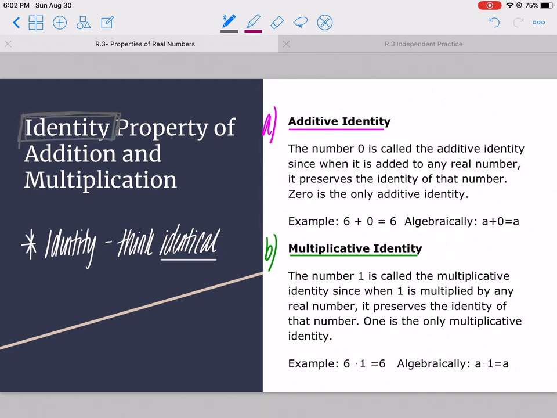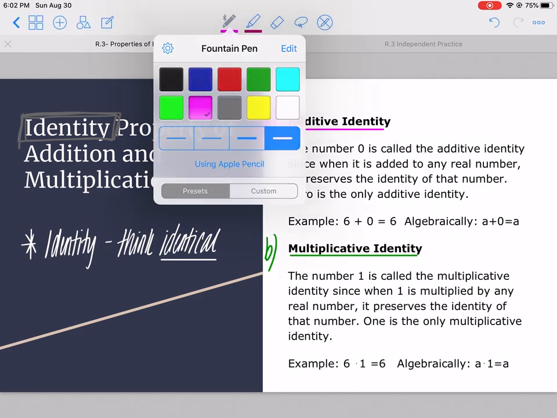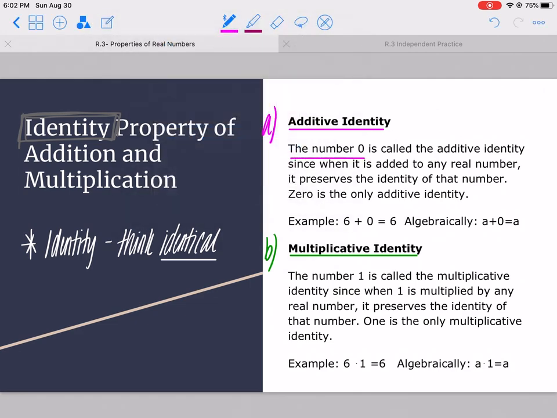So here is what the additive identity means, okay? The number 0 is called the additive identity, since when it is added to any real number, it preserves the identity of that number.